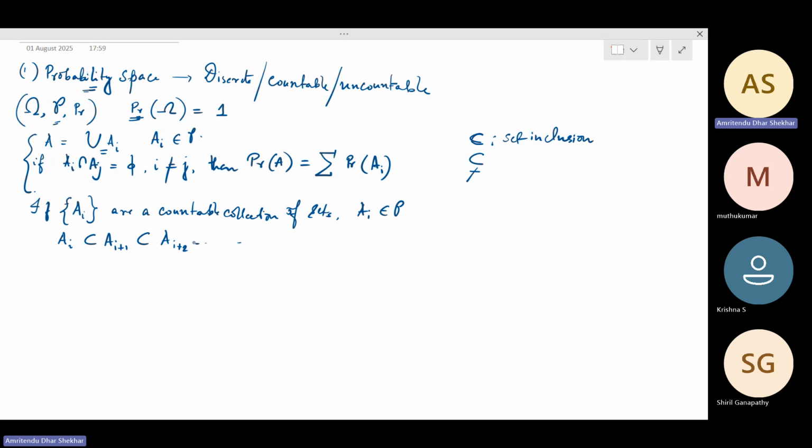So if we have a countable collection, a sequence of sets like this, let's say starting from A1 and so on, then of course, if I ask you the question, will this sequence of sets actually converge? In other words, will the limit as I tends to infinity of AI, will this set belong to this sigma algebra?